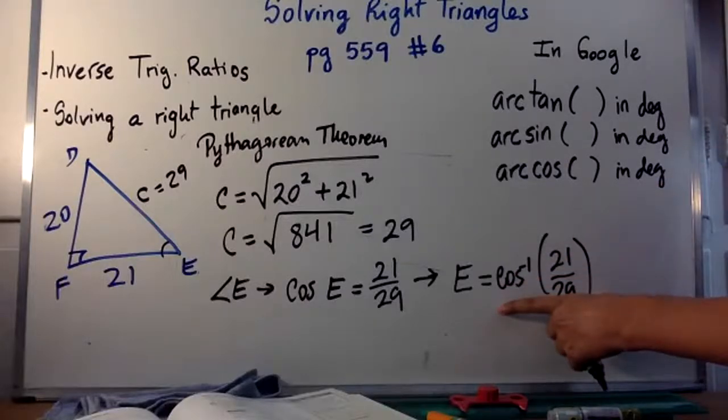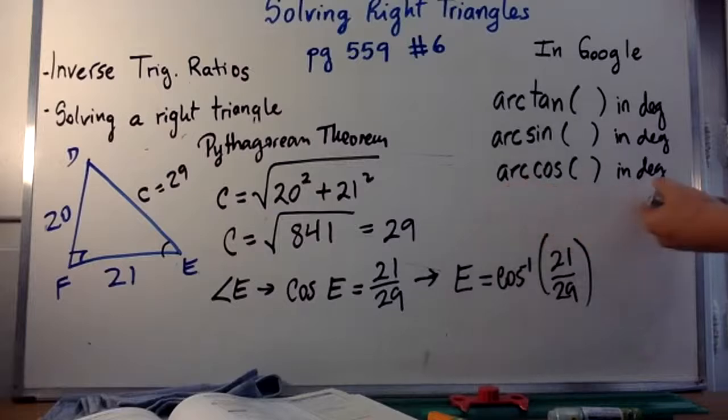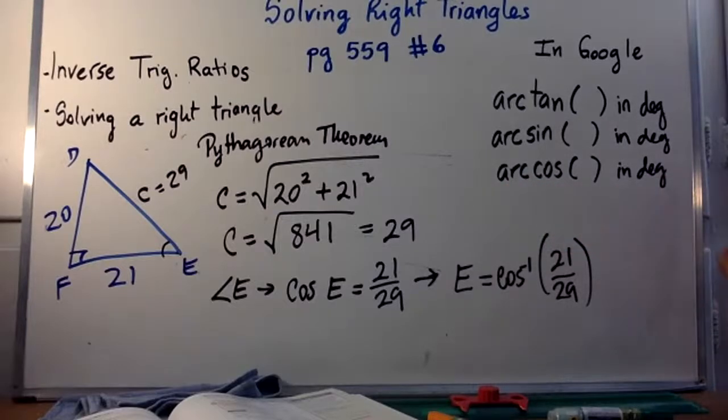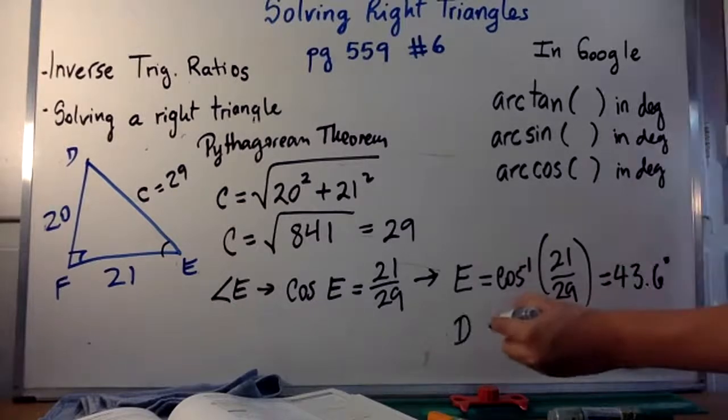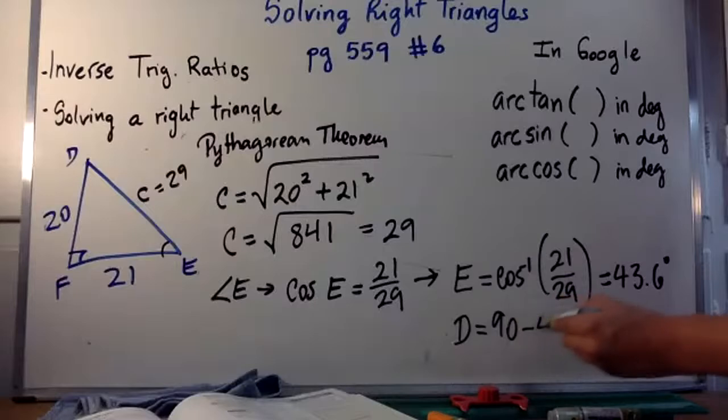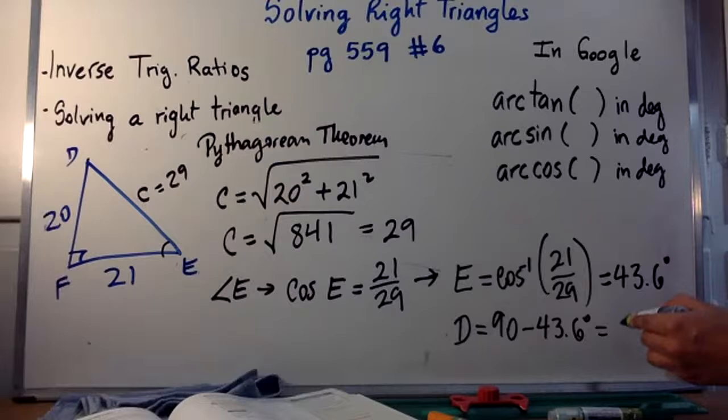And then this means that you will have to type this on Google, inverse cosine of 21 over 29, that is going to be, okay, you can do this, 90 minus 43.6, and that equals 46.4, okay?